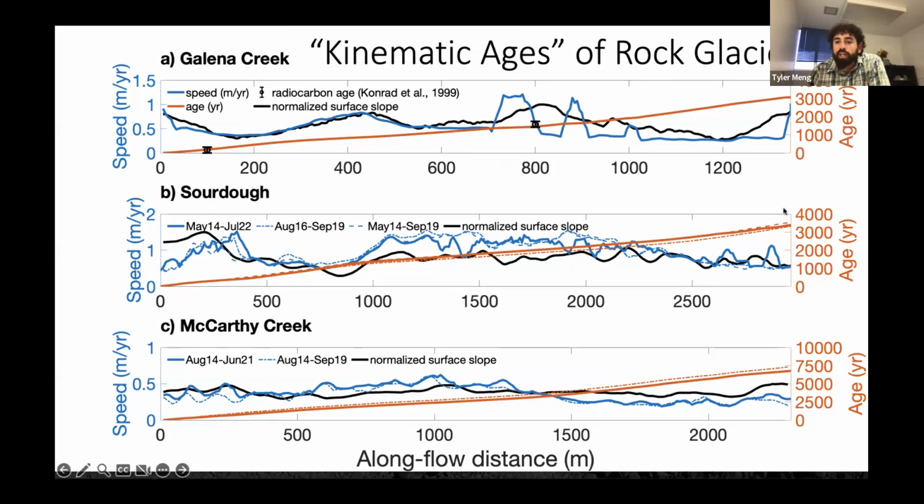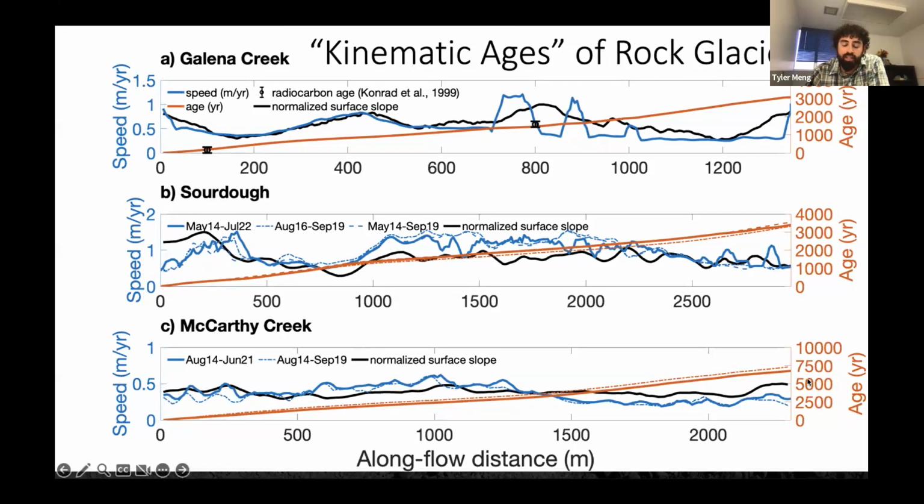So then Sourdough gives a similar age as Galena Creek, sort of this mid-Holocene. But then McCarthy Creek, as we mentioned, is about half the speed, which when you're just integrating that velocity field over the entire length, that then translates to about double the age. So this gives more of sort of an early Holocene type age.